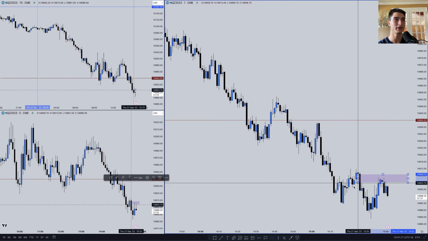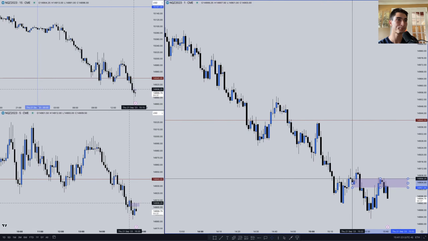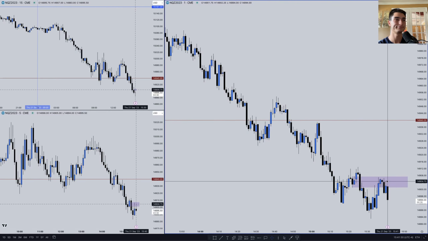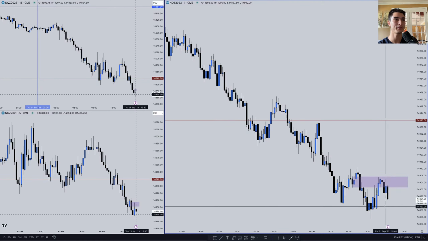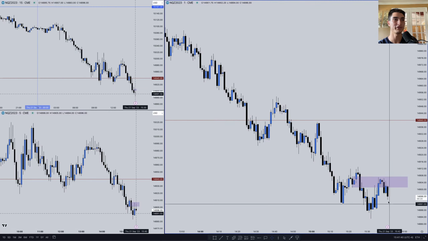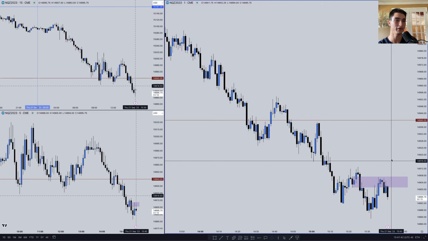So that fair value gap and now putting it on the breaker. That last down close for the run on stops. Perfect respect there. So I'd expect the market to run through this low. I would not want to see the market find support here at this opening price or this bullish order block. So we should reprice through that aggressively if we are to remain bearish for the remainder of the day.